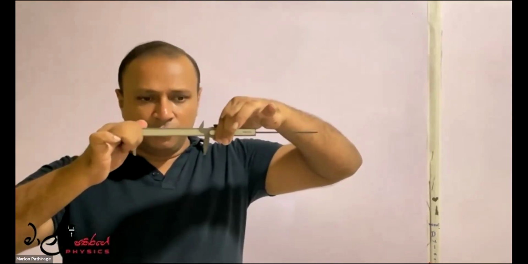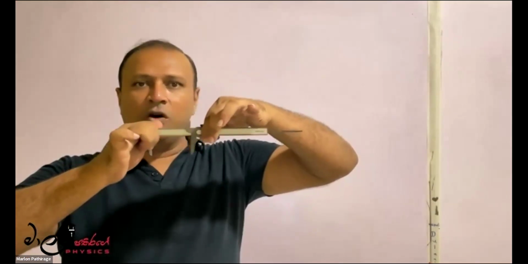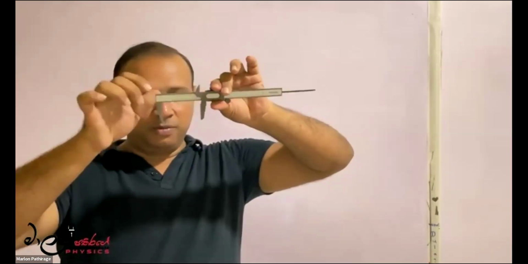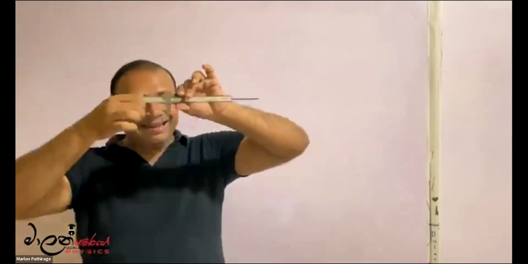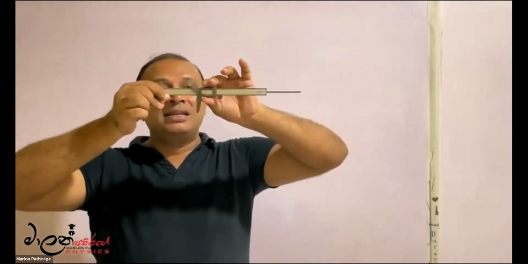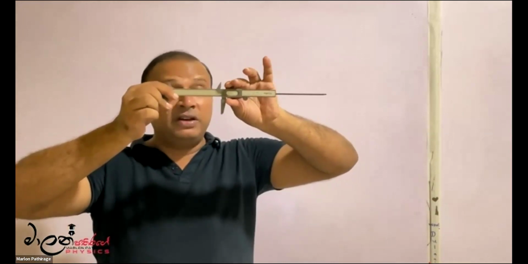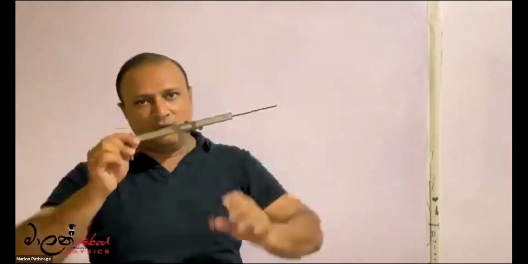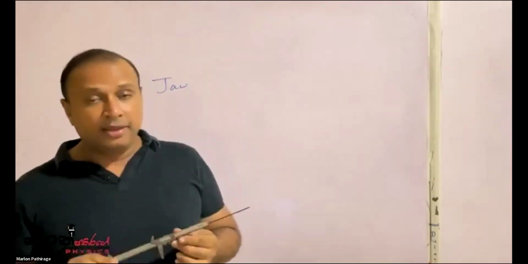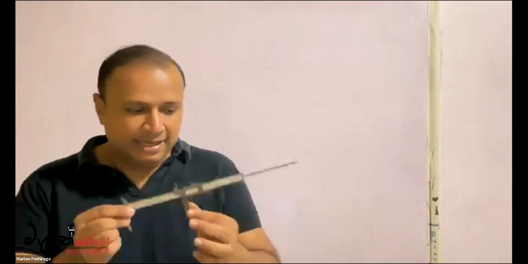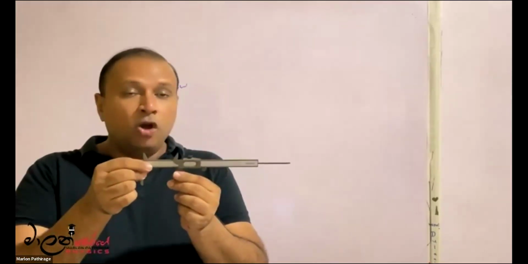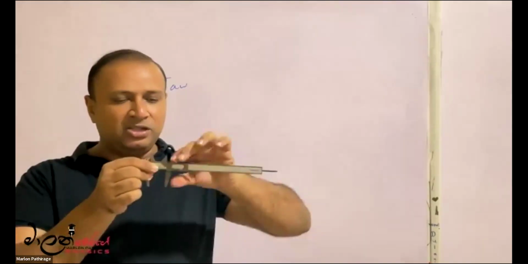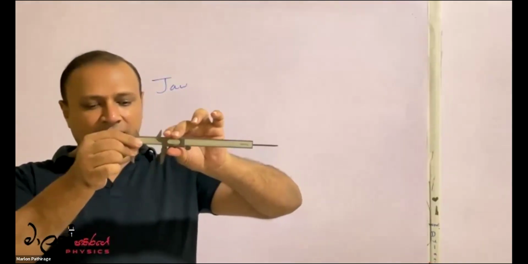It is not about the pin, because when you are measuring, you have to slide the vernier scale. If you want to slide the vernier scale, there should be a wheel. Therefore, the wheel is used to move the vernier scale here and there.